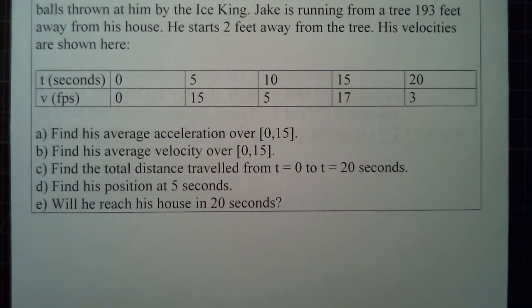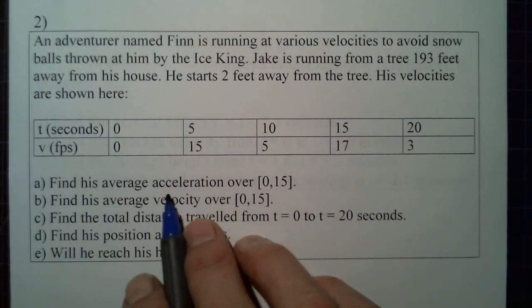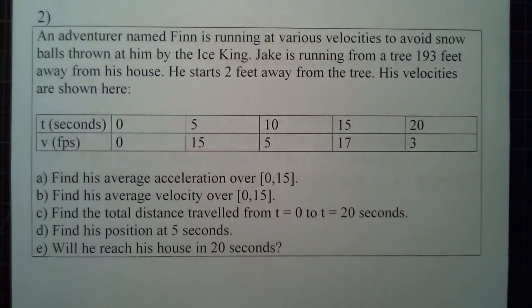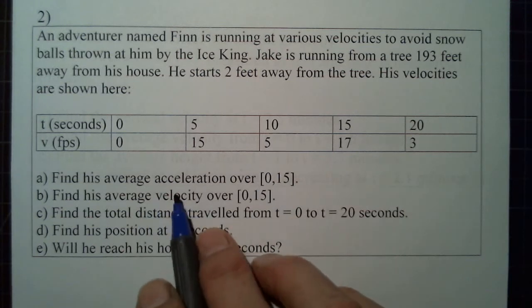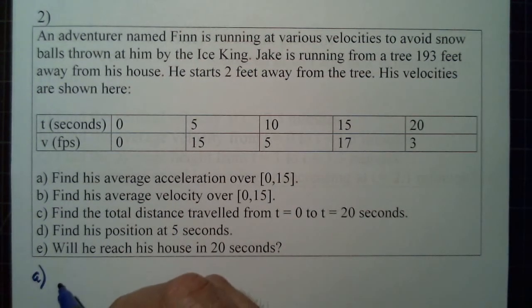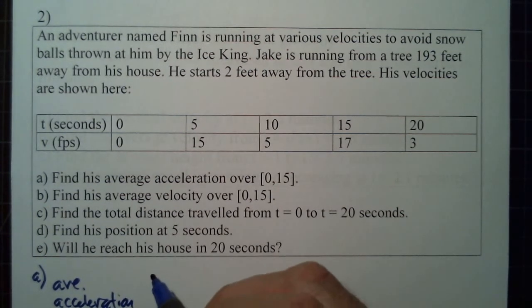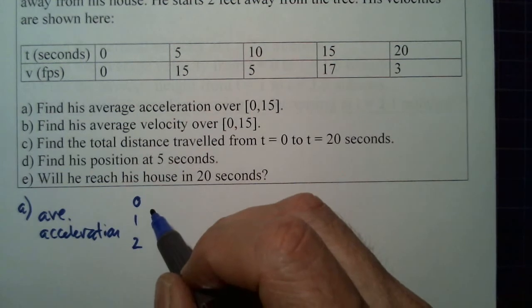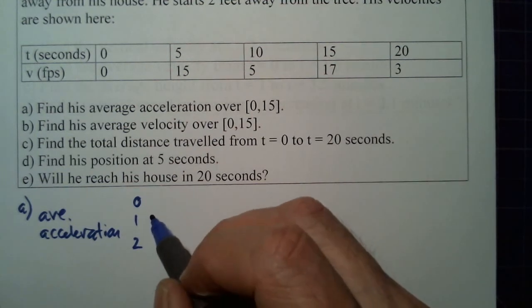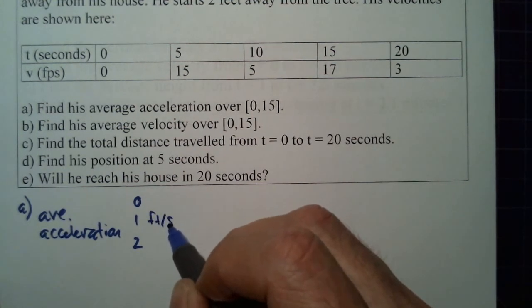So let's look at find his average acceleration. Here we have velocity, and we're looking for average acceleration. So average acceleration is the key word. We have the levels of rates, and we're starting on feet per second, velocity.